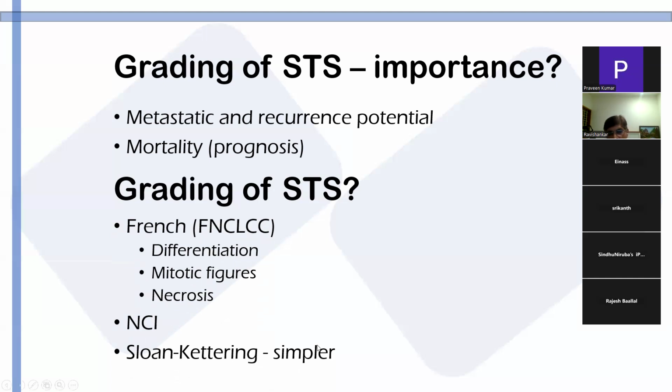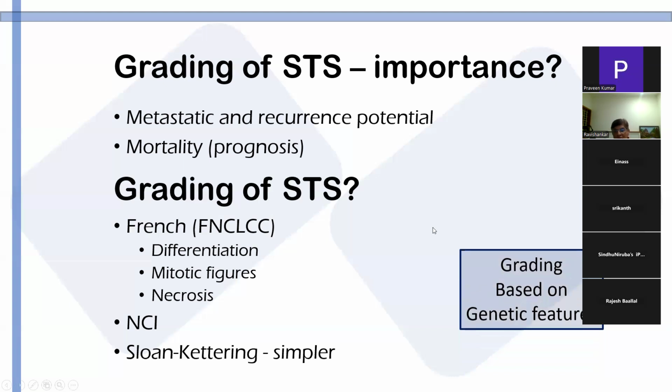The NCI, National Cancer Institute, and Sloan Kettering all have their own gradations with slight differences. The common one is the French one called FNCLCC. There is a French expansion of it, and I don't bother to remember that. That is the one most commonly used.